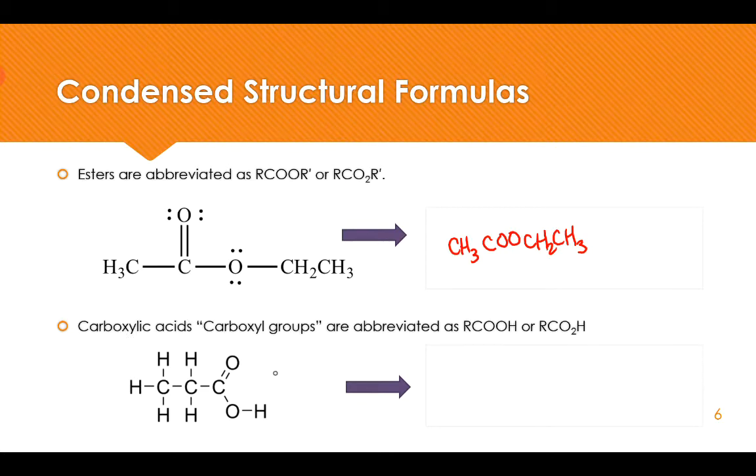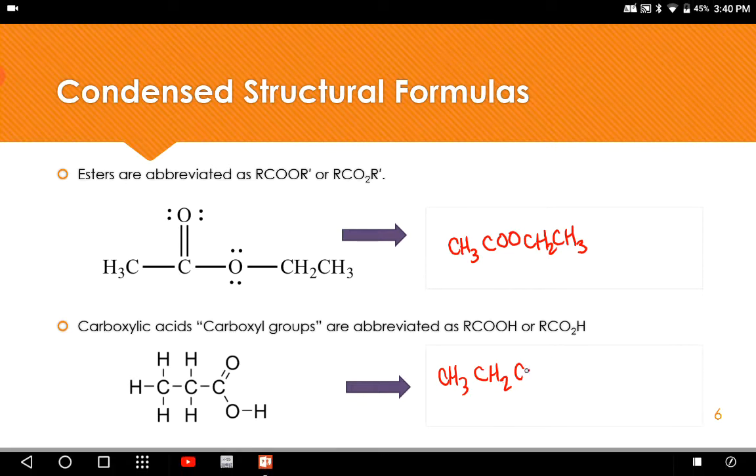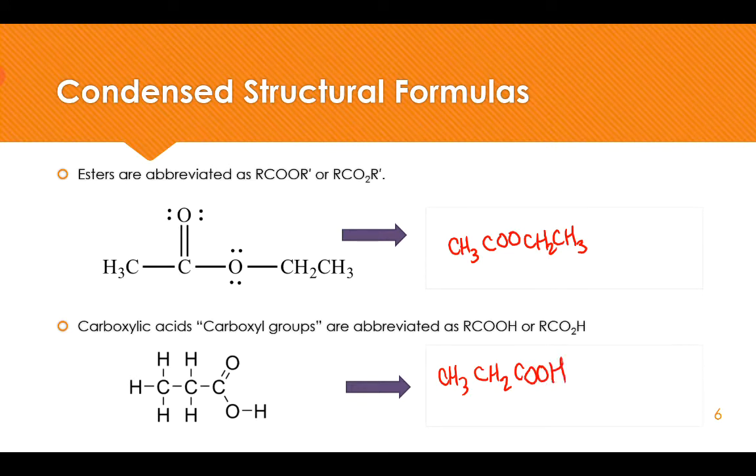Next, we have carboxylic acids. With carboxylic acids, you can of course draw out the functional group with the double bonds, or you can just write COOH like that.